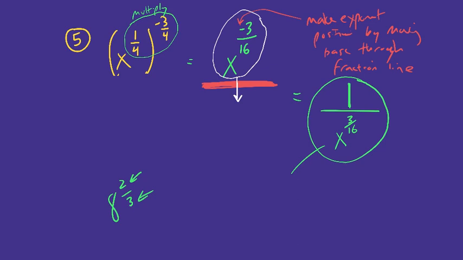But if you've got x to the 2/3 or anything else, we're not going to go further and make 3 the index and 2 the power. We're just going to leave it. So final answer, 1 over x to the 3/16.